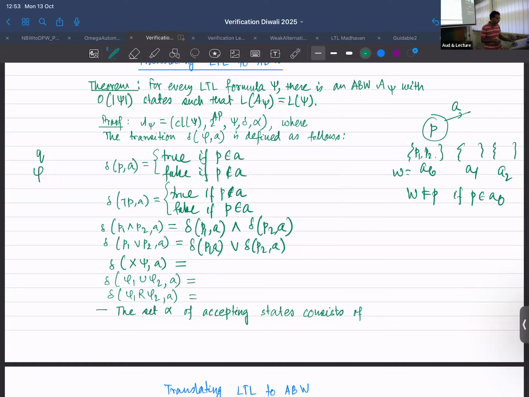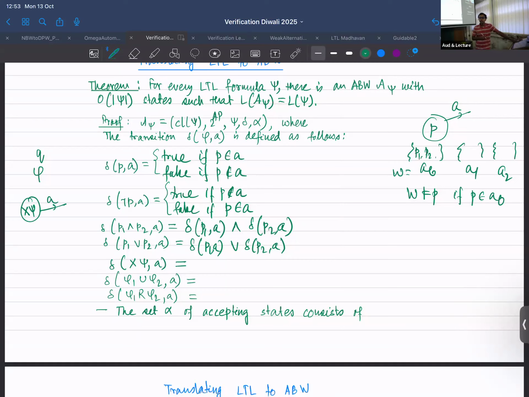What about delta of X psi, comma A? It is exactly just psi. Why is it so? Because it now just wants to check if what comes after that satisfies psi. So you are in a state which has X of psi.